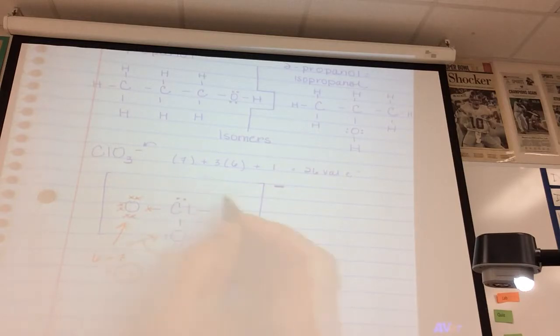Let's look at the chlorine. By itself, how many valence electrons? 1, 2, 3, 4, 5. Formal charge of +2. Not the greatest structure, but 2 plus 3 minus 1 is -1, so that looks good. The more electronegative atom, oxygen, has the negative formal charge, so that's a good sign as well.